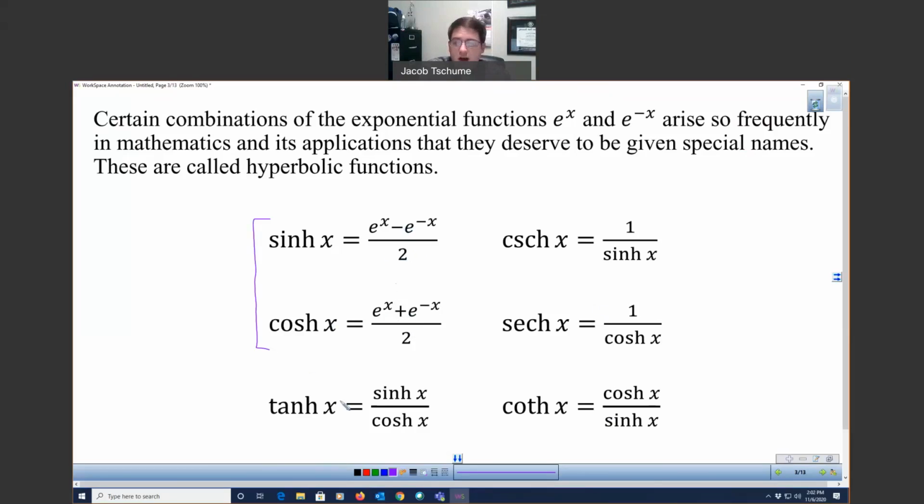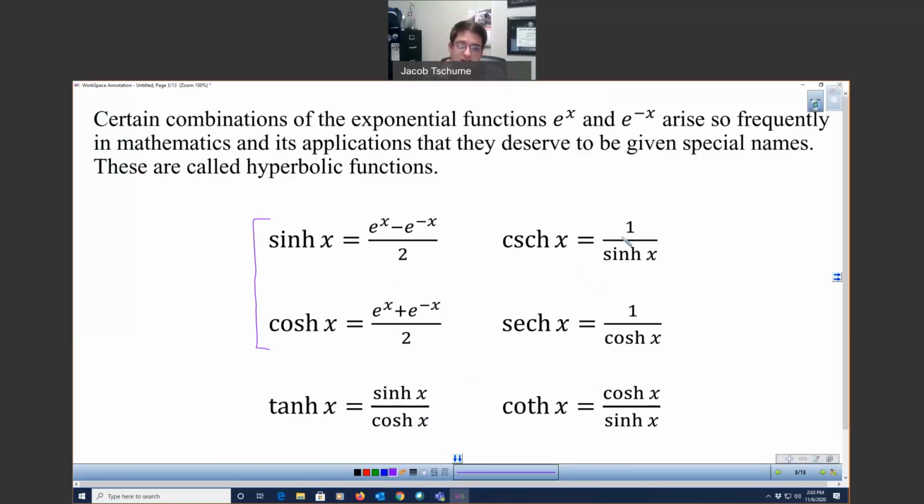The other 4 hyperbolic trig functions, you can just use very similar identities that you've seen before in trig. In trig, we remember that tangent is sine over cosine. Well, in the hyperbolic world, it's no different. Hyperbolic tangent can be defined as hyperbolic sine divided by hyperbolic cosine. And all of your reciprocal identities still work in the hyperbolic world.